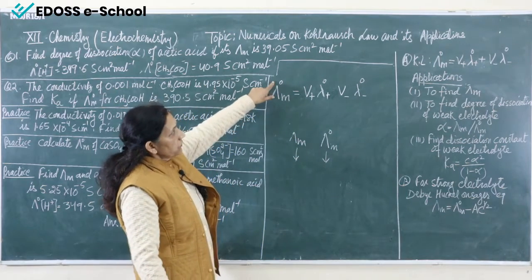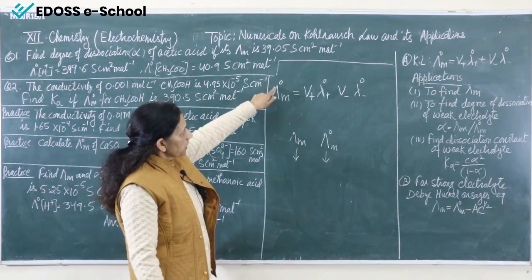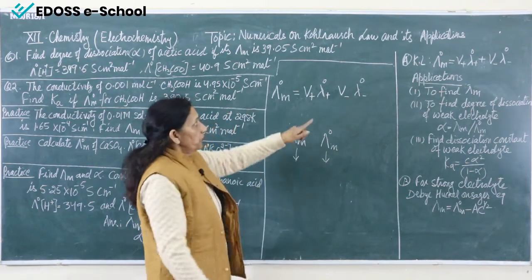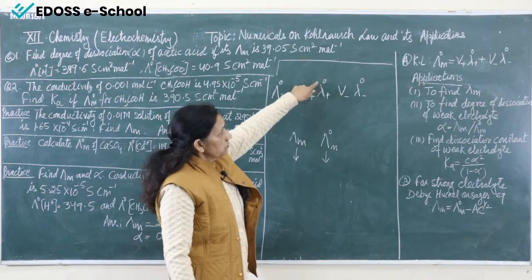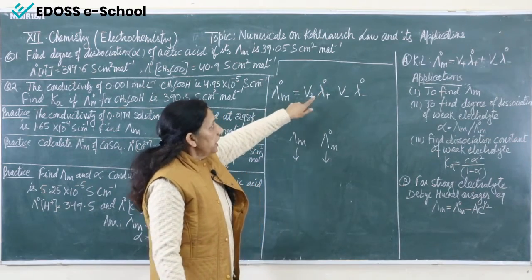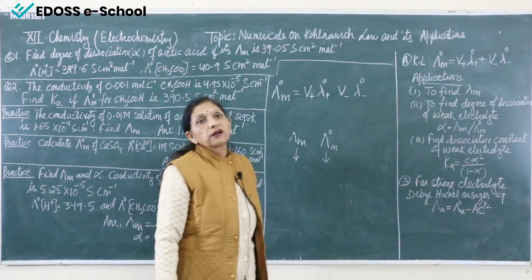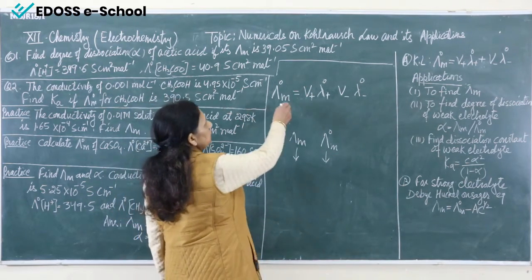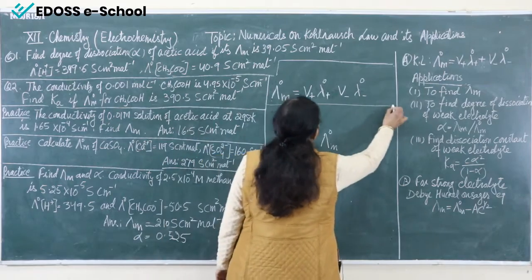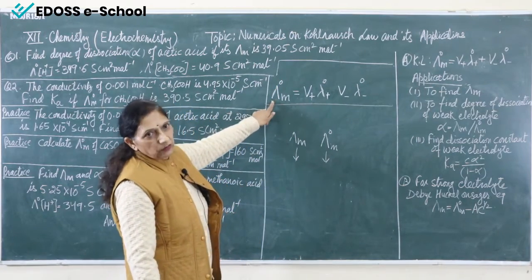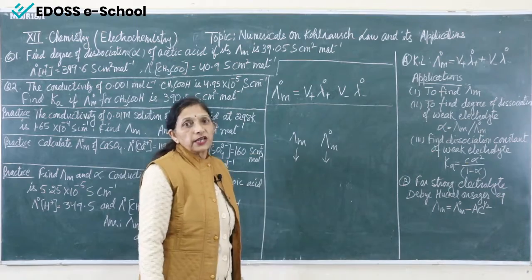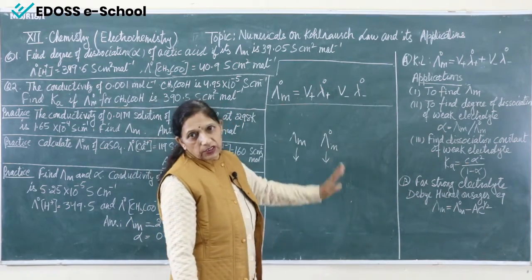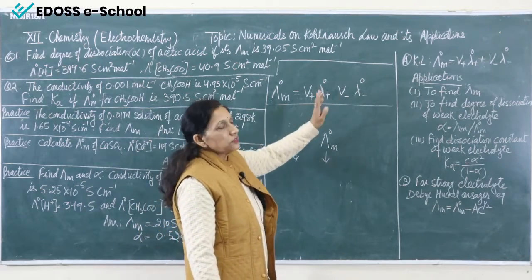Kohlrausch's law means the limiting molar conductivity is the sum of the conductivities of the anions and cations produced in that particular solution. This formula is used to find limiting molar conductivity with the help of the limiting molar conductivities of the anions and cations.